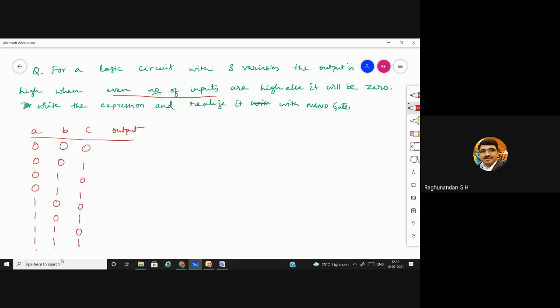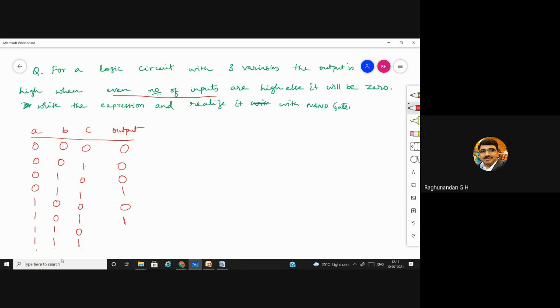Okay, first we'll see here 0, 0, 0. Do you have any even inputs having ones? No. No, sir. Output is 0. What about this 0, 0, 1? Output 0. Here 0. Here 1, 0, 1. That means 2 inputs are having 1, 1.